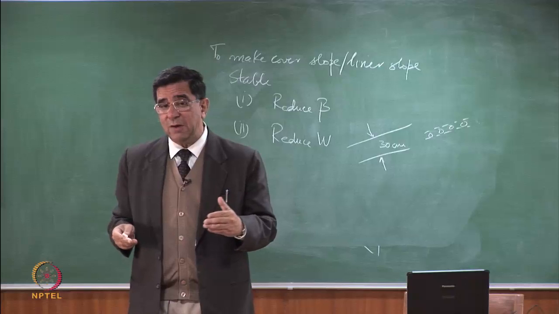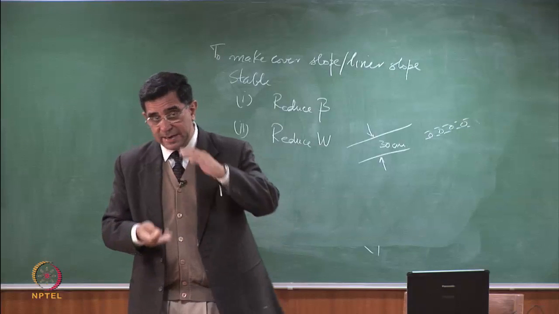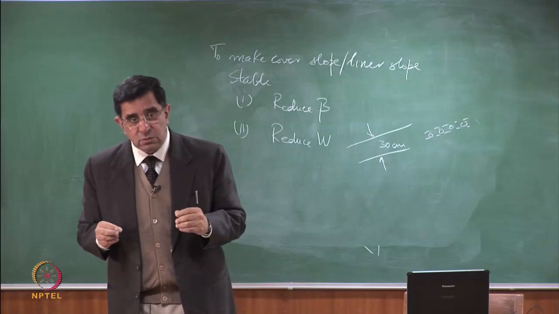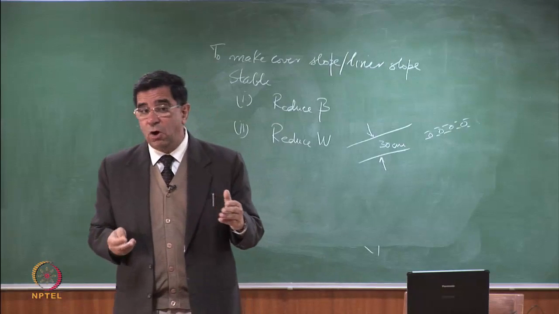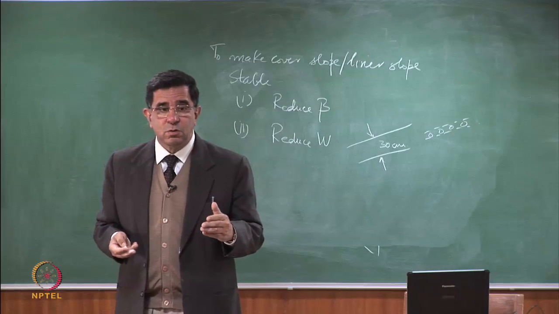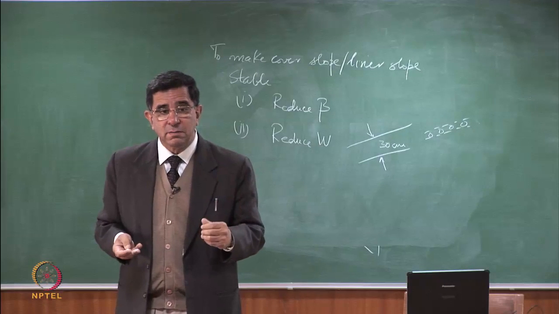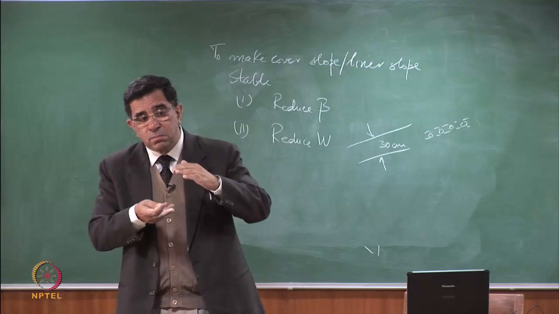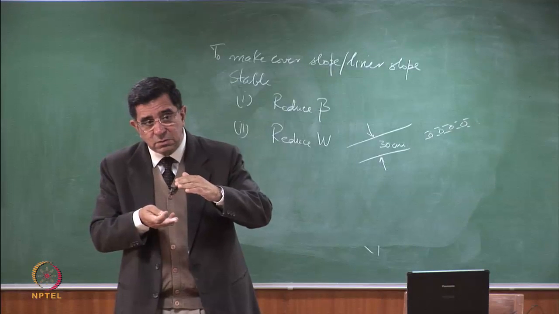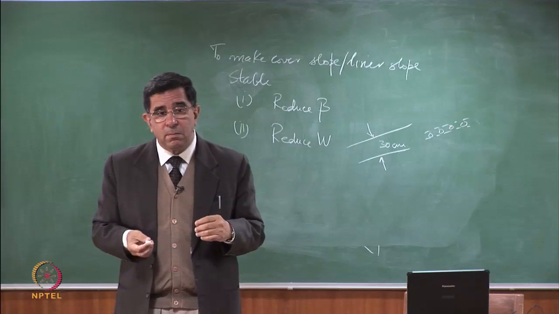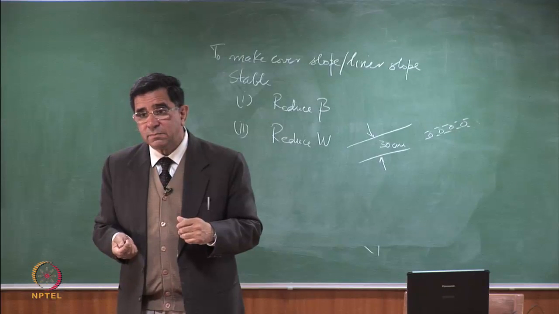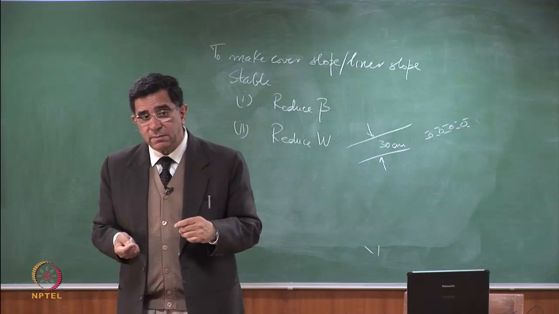Just if you were to calculate in terms of the weight per square meter, the gamma of the soil can be 2 tons per cubic meter, and this is 0.3 meters, so it will become 0.6 tons per square meter.